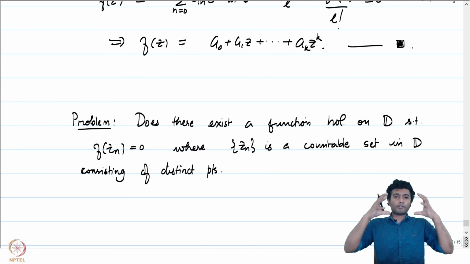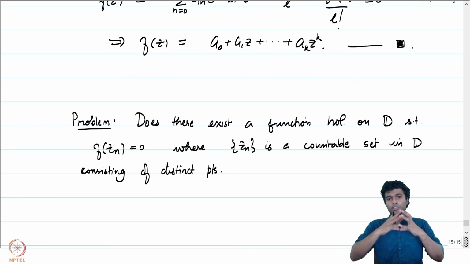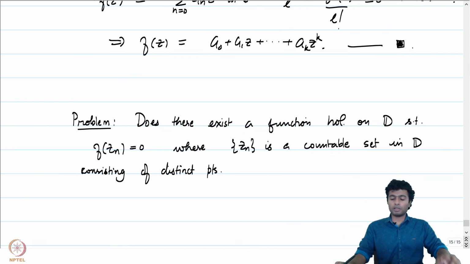So if we are focusing our attention on a closed disk of radius r where r is less than 1, this will have a limit point, because in a compact set, such a countable set of distinct points will certainly have a limit point. So if at all there exists such a sequence, we will not be able to get hold of such a sequence contained in a disk of radius r where r is less than 1.